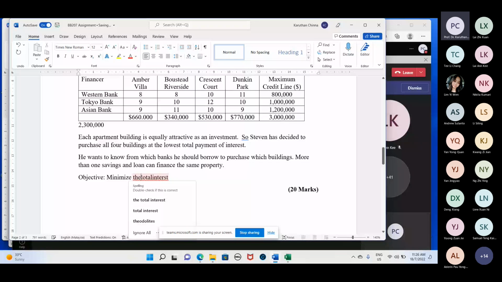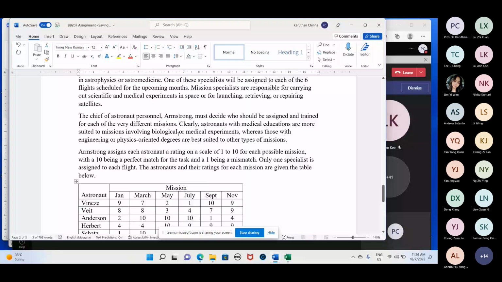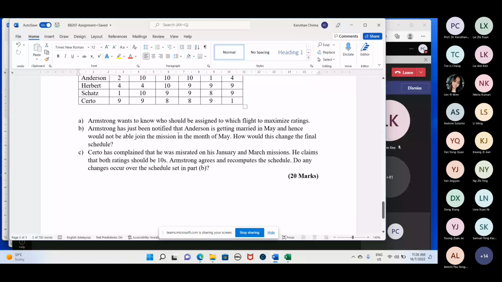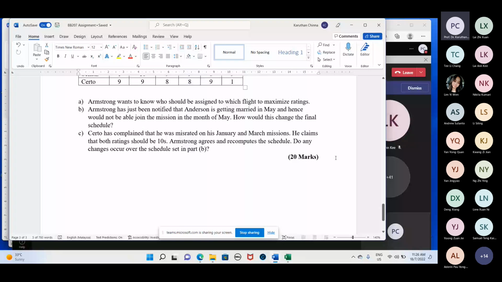Again, I don't expect you to do it manually. I want you to use the software. This objective is to minimize. What's the objective for question number 3?